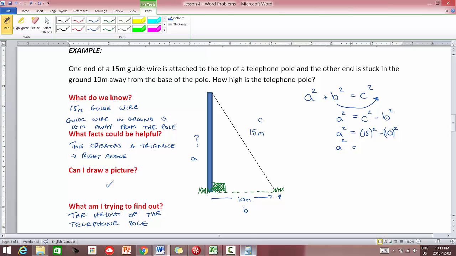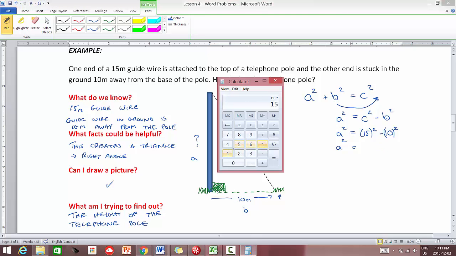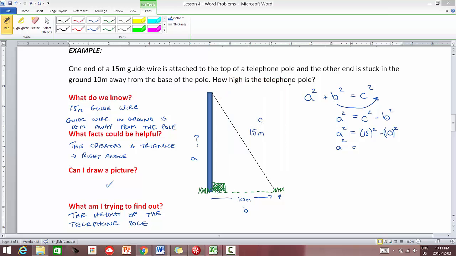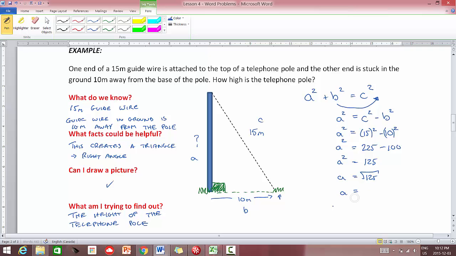Okay, just quickly. Okay, 225 minus 100 equals 125 for a squared. Okay, to find out what a is, we have to square root. Okay, we end up with a equals, lost my calculator.